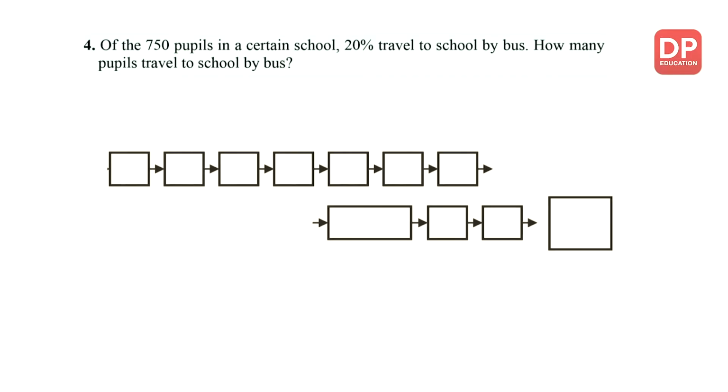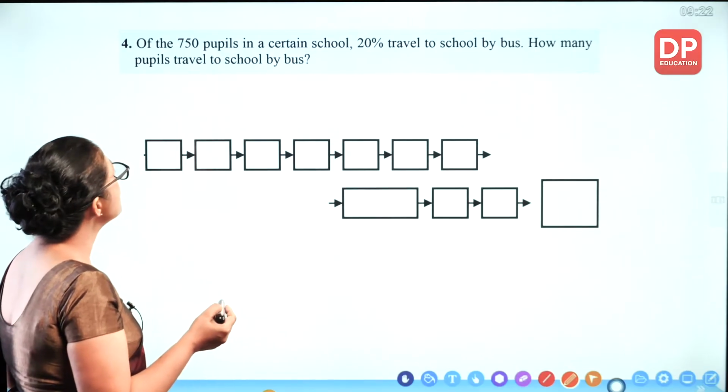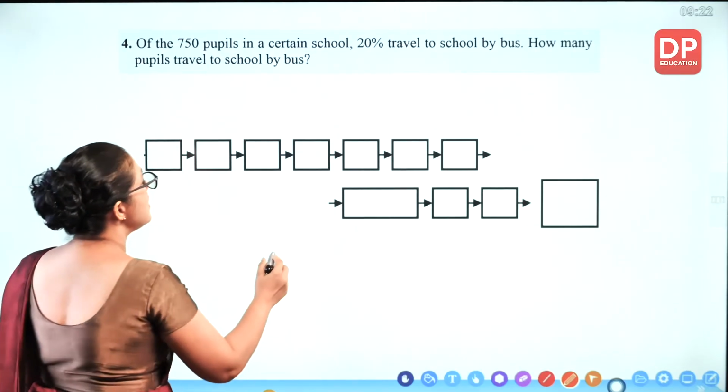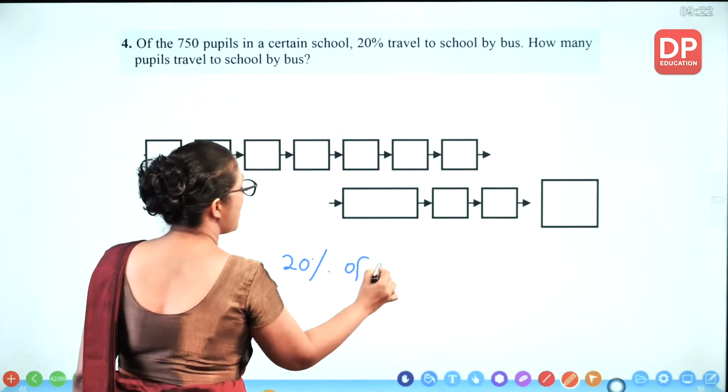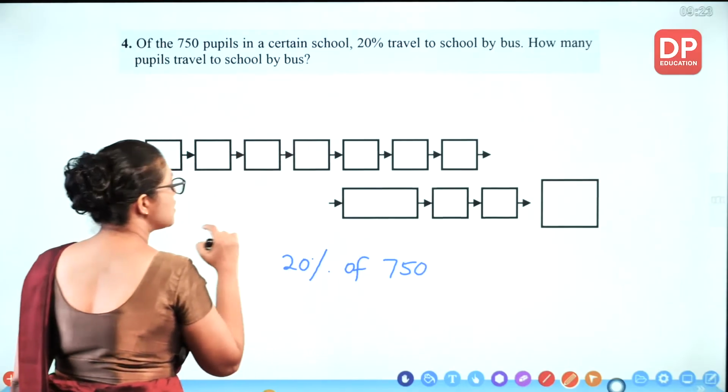Of the 750 pupils in a certain school, 20% travel to school by bus. How many pupils travel to school by bus? So that means 20% of 750. Of means multiplication.